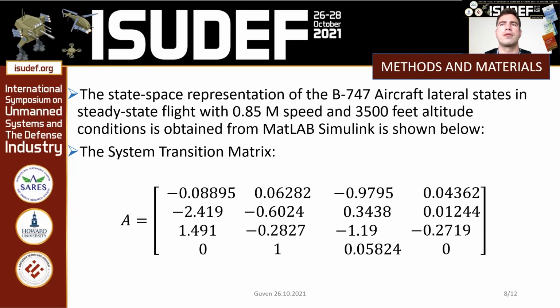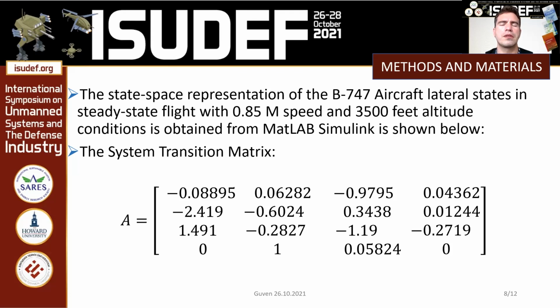In our methods, we have a civil transportation aircraft, the Boeing 747 four-engine wide body, and it has an operating point of 35,000 feet altitude and 0.85 Mach speed, which is approximately 970 kilometers per hour, and 10.5 kilometers altitude.